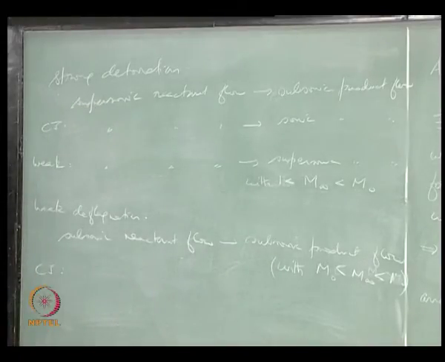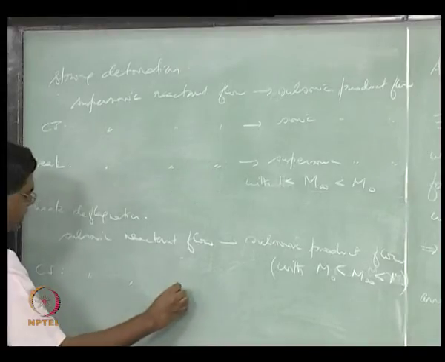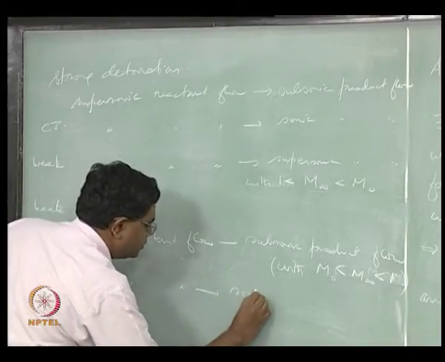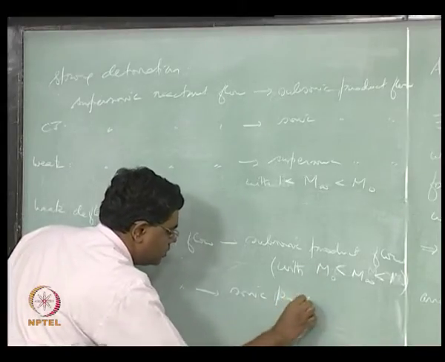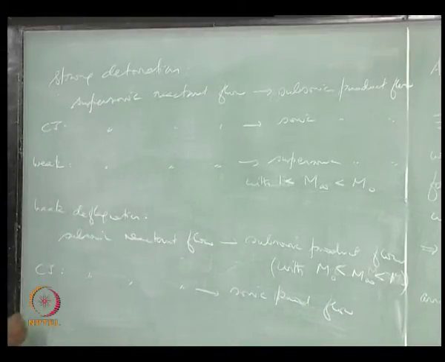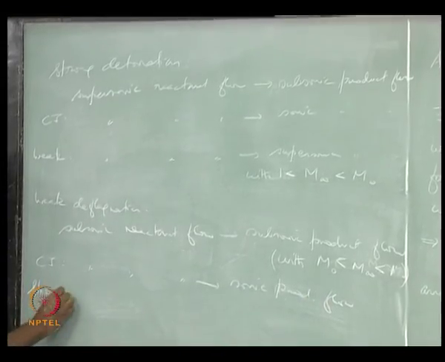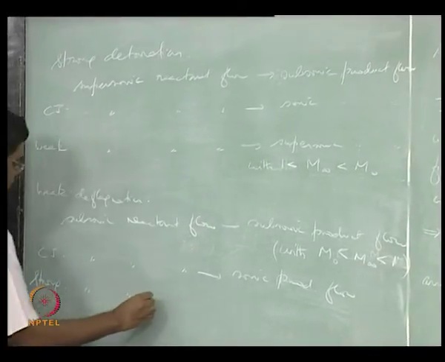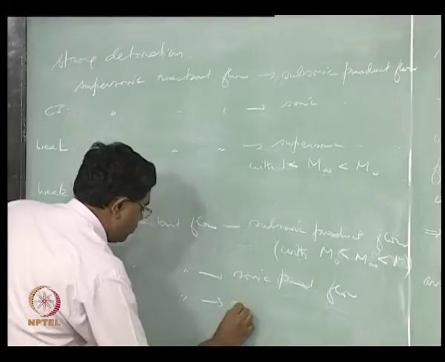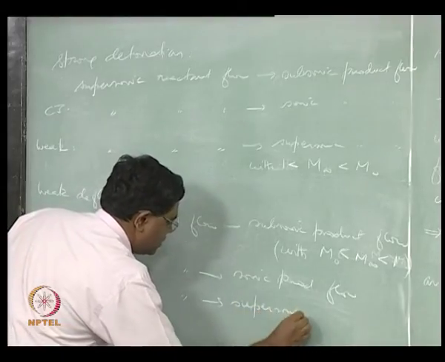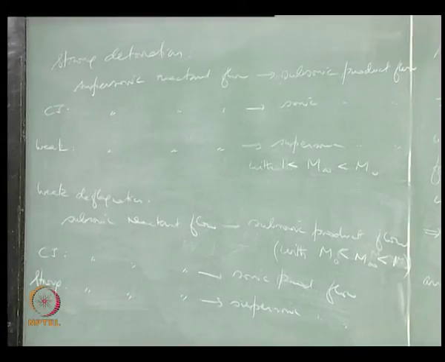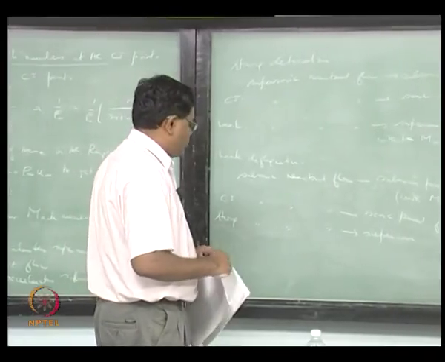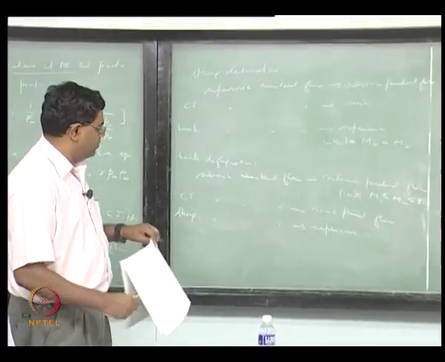Cj deflagration, we saw subsonic reactant flow become sonic product flow, and strong deflagration, subsonic reactant flow becomes supersonic product flow, which is impossible because it violates the second law, which we have not explicitly considered mathematically, and we will not do that except to state that this is not going to be possible physically.